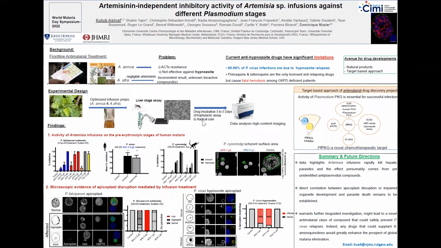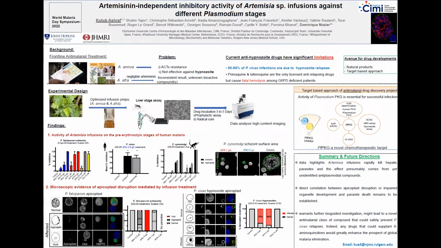This is the inhibitory activity of the artemisinin infusions tested in the Plasmodium liver stages. The Plasmodium falciparum result is not clear here, but I can tell you that with the infusions prepared at 10 grams per liter of annua and Afra at 4 grams per liter, there was 100% inhibition of Plasmodium falciparum schizonts.